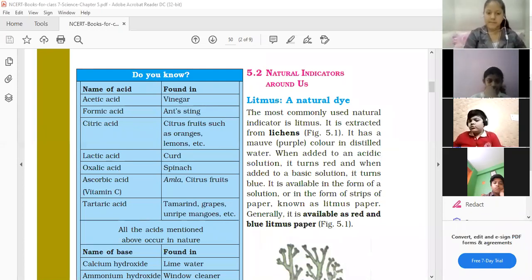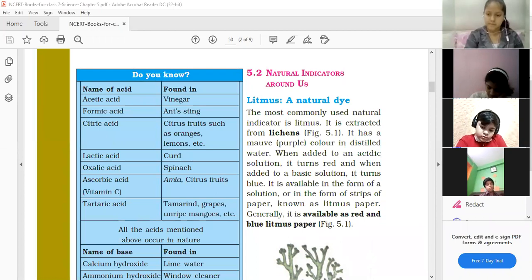5.2 Natural indicators around us. Litmus, a natural dye. The most commonly used natural indicator is litmus. It is extracted from lichens. It has a mauve color, that is a purple color, in distilled water.